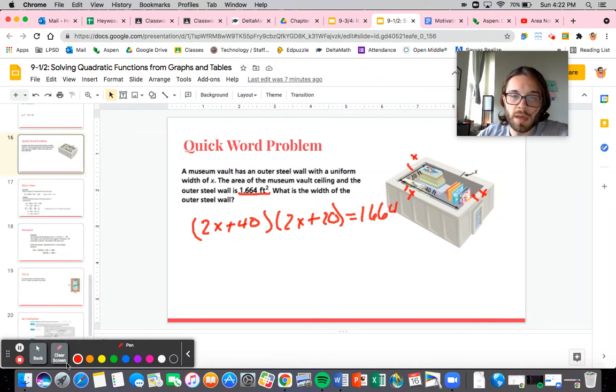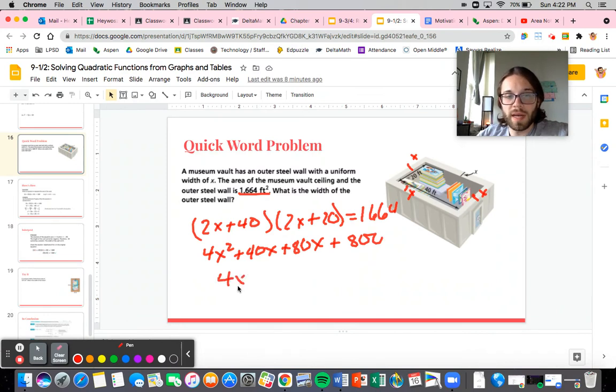All right. So from here, what do we do? Well, we have to get to the point where we can factor. So we have to multiply this out, unfortunately, to be able to factor. So that's going to be 4x squared, that's 40x plus 80x plus 800.